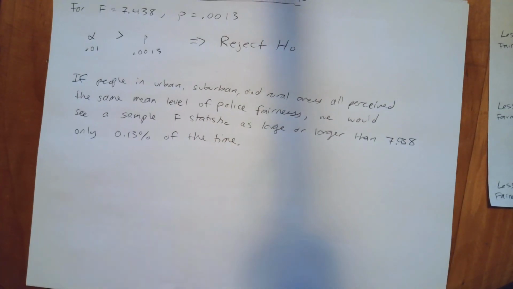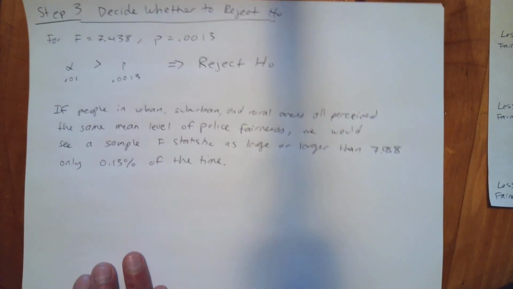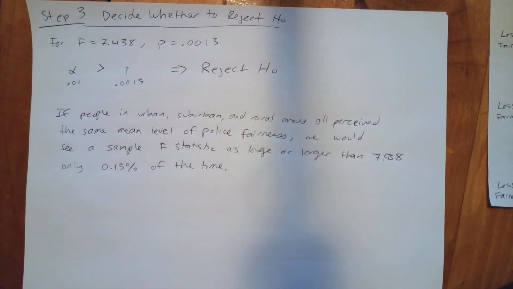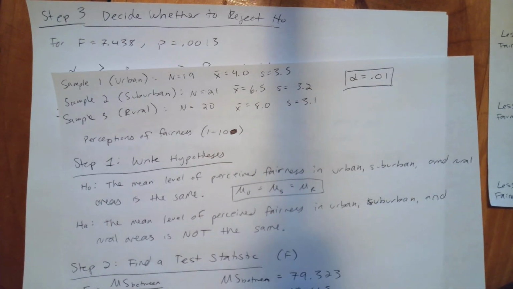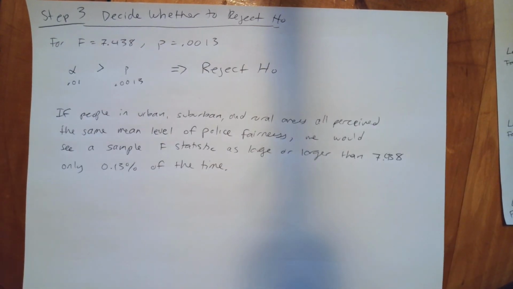So in other words, if the null hypothesis were true, if the population means were all the same, we would have seen samples that were as distinct from each other in terms of their means as these three samples only 0.13% of the time. So that's pretty unlikely.